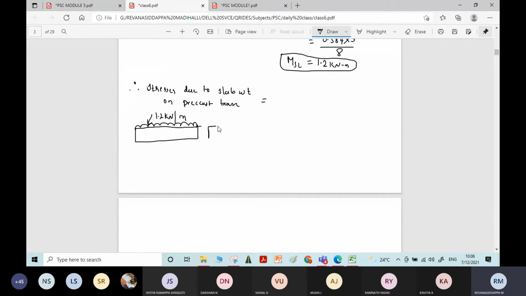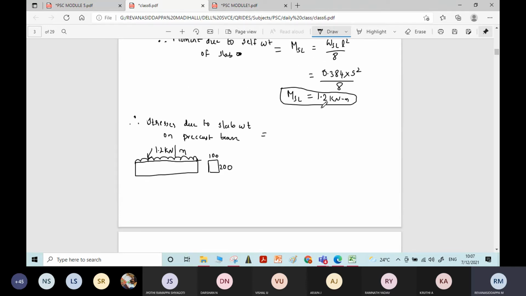Cross section of the beam is given, that is 100 by 200. Okay, so over the beam, this is considered as dead load that is acting. Dead load which is acting on the beam is 1.2 kilonewton per meter. That dead load is from the slab. So the total moment due to the dead load on the beam is 1.2 kilonewton meter.